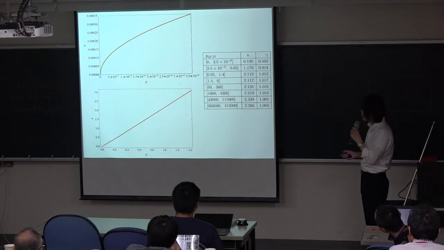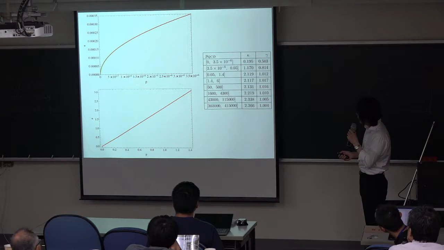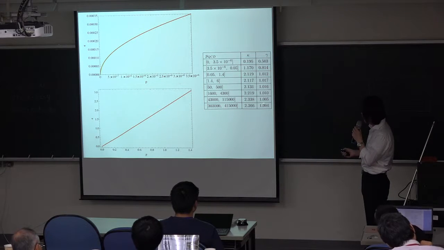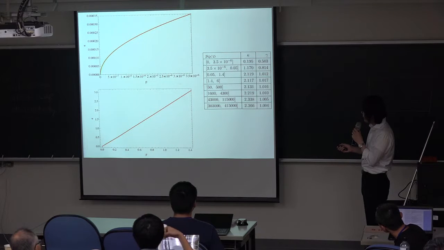For example, when this P is very small, you have a curve like this with gamma approximately 1/2. But when you have P in a much larger range, it's something like a straight line, with gamma almost 1. So the problem is to determine which range we should choose.